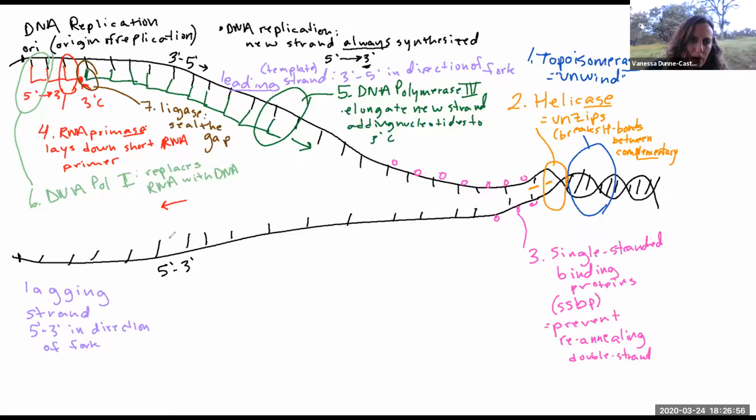As soon as there were enough nucleotides open, this replication event began. So step number 4 is the addition of an RNA primer, in that direction. Primase lays down the RNA primer.